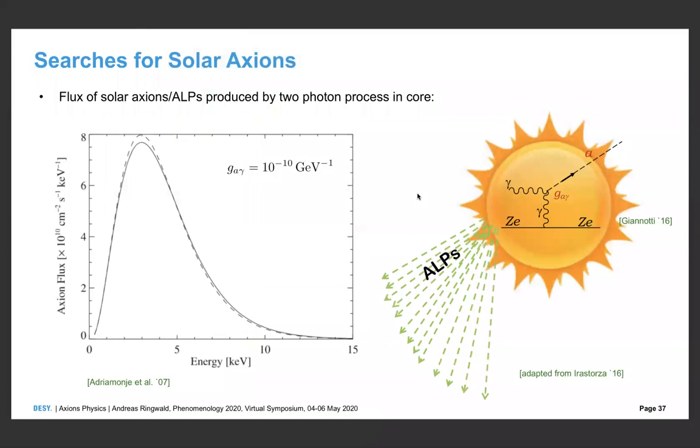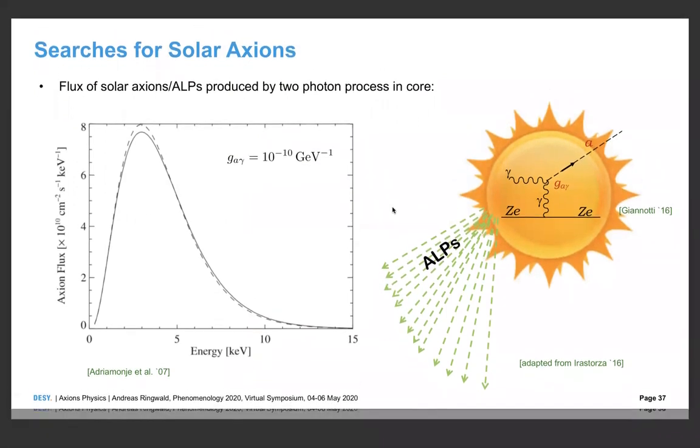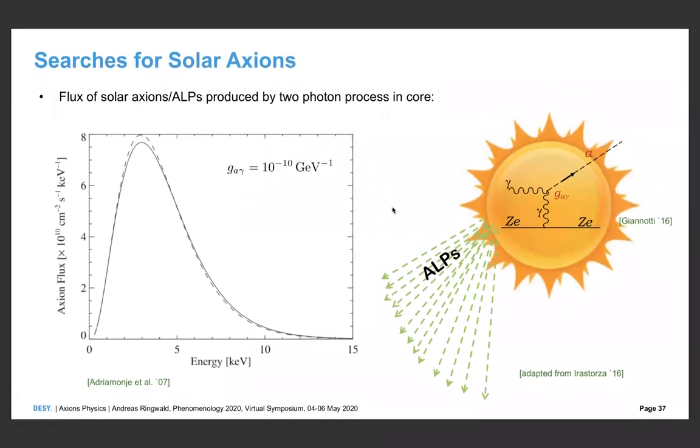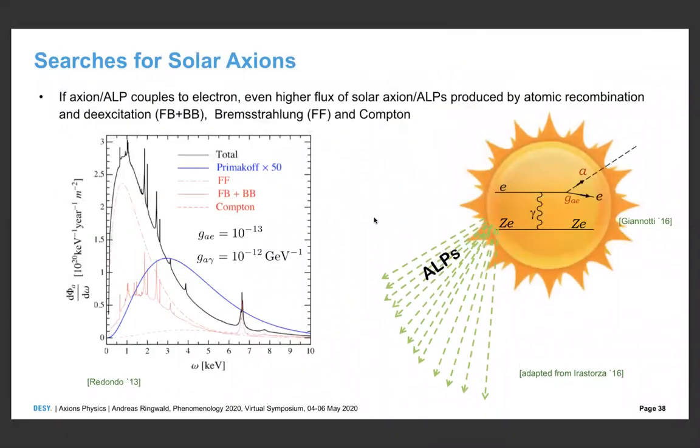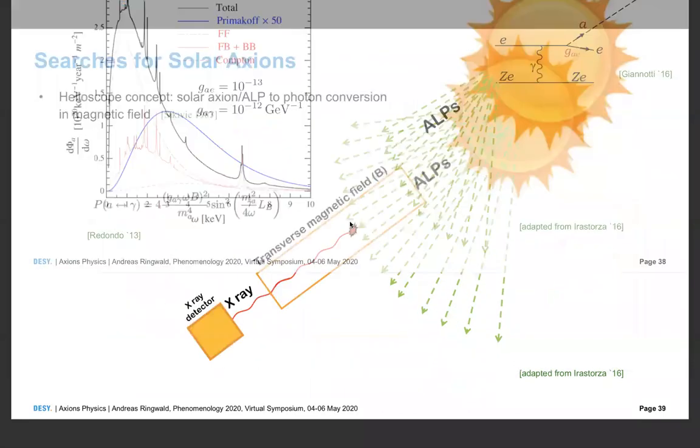Searches for solar axions have been done already for quite a while. So one is looking for solar axions and ALPs produced by the two-photon process in the core. But also, of course, ALPs are also produced if there is a significant axion-electron coupling. They are also produced via Bremsstrahlung and Compton and atomic recombination and de-excitation processes.